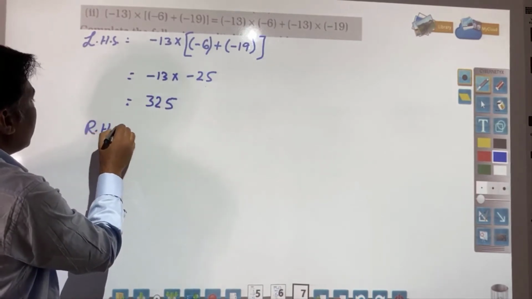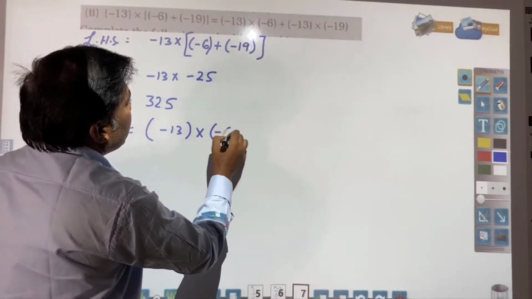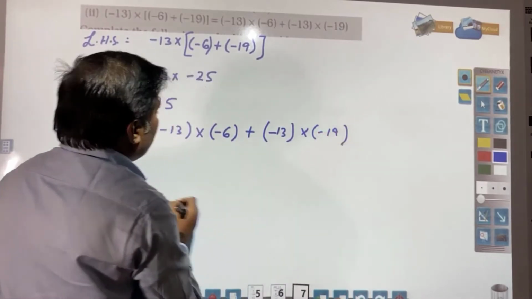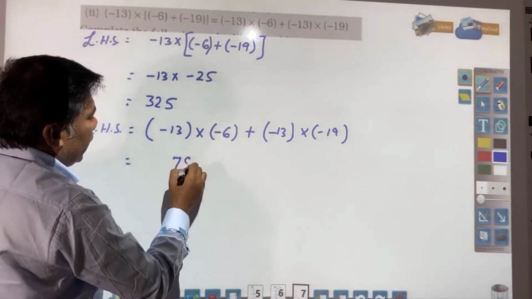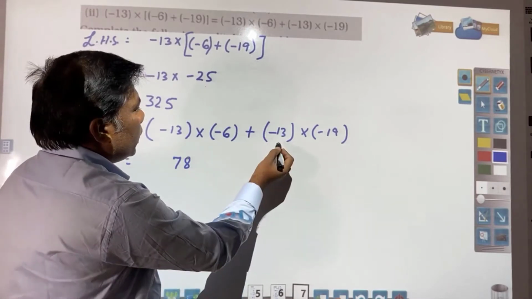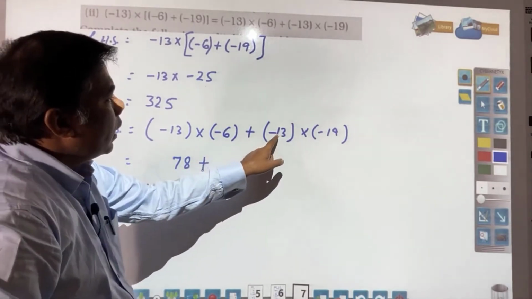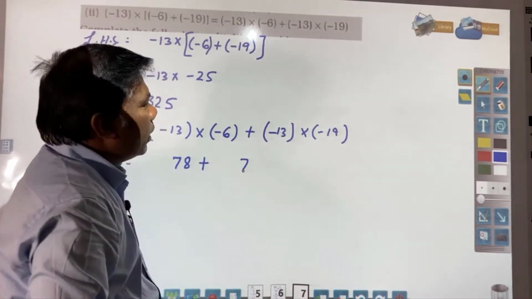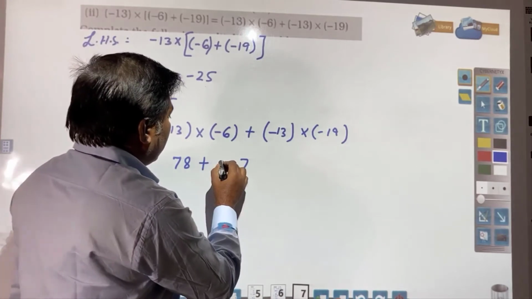RHS, right hand side, what you have? This will be minus 13 into minus 6 plus minus 13 into minus 19. Here you multiply. 13 6 is 78, and minus into minus will be plus. And here minus into minus will become plus, so we will write plus over here. 13 9 is 117, 11 you have, 13 1 is 13, and 11 will be 24.